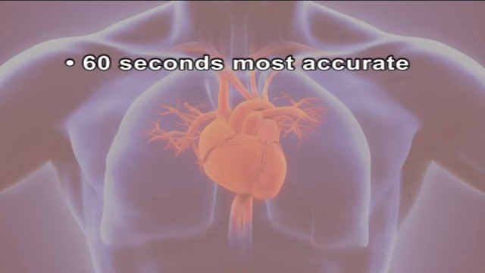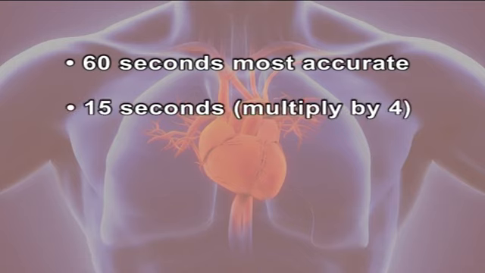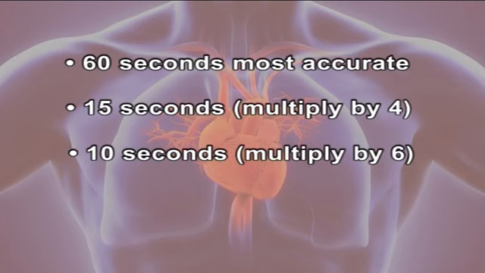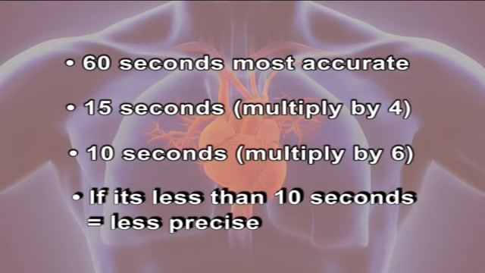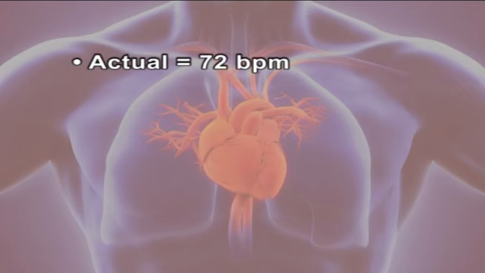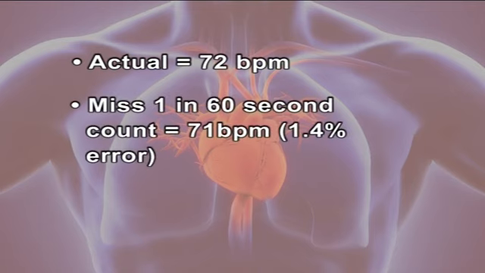So, which is going to be most accurate? 15 seconds, you can multiply it by 4, 10 seconds you can multiply it by 6. If it is less than that, it is not precise. Shortcuts can also be employed, but they will increase errors. Actual is going to be 72 BPM, miss 1 in a 60 second count, so it is going to be 71 BPM, which will show 1.4% error.